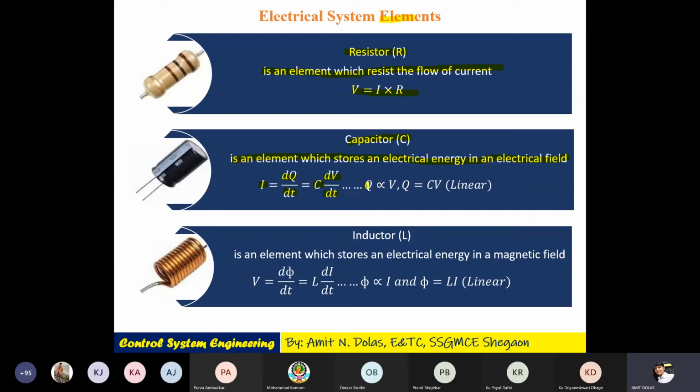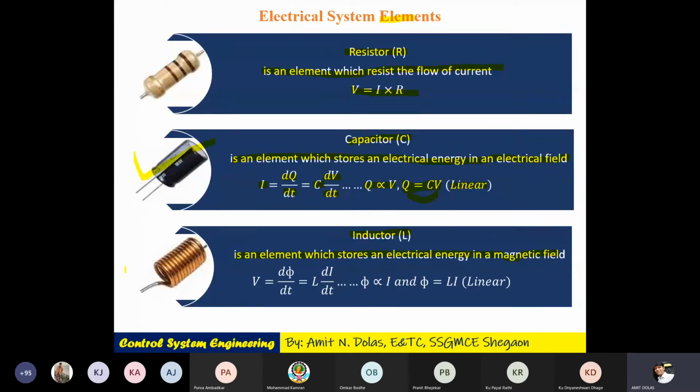Here charge is directly proportional to the voltage, and you can write the equation Q is equal to C into V, a linear relationship between charge and voltage with constant C, the capacitor. Inductor is an element which stores electrical energy in a magnetic field, whereas the capacitor stores it in an electrical field.